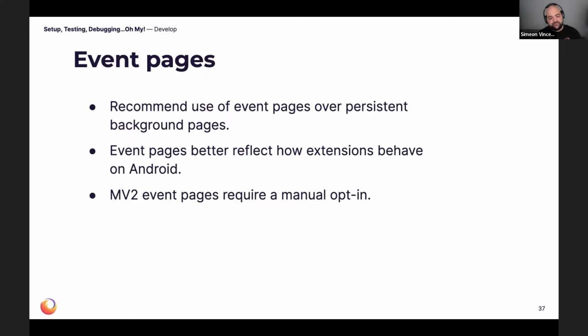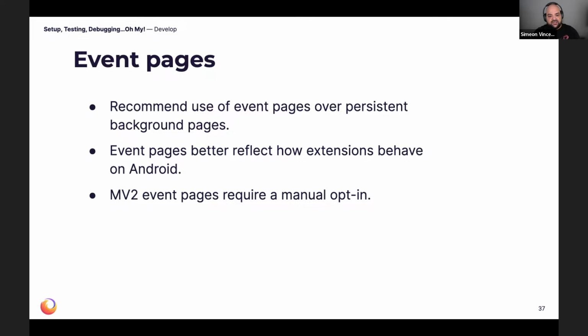If there's memory pressure or CPU pressure and the device isn't able to get as much done in the small amount of time that it has, it will terminate other background processes in order to free up resources and keep the user experience responsive. As a result, even if you have a persistent background page, your extension process will be terminated. That's something that we just can't avoid.